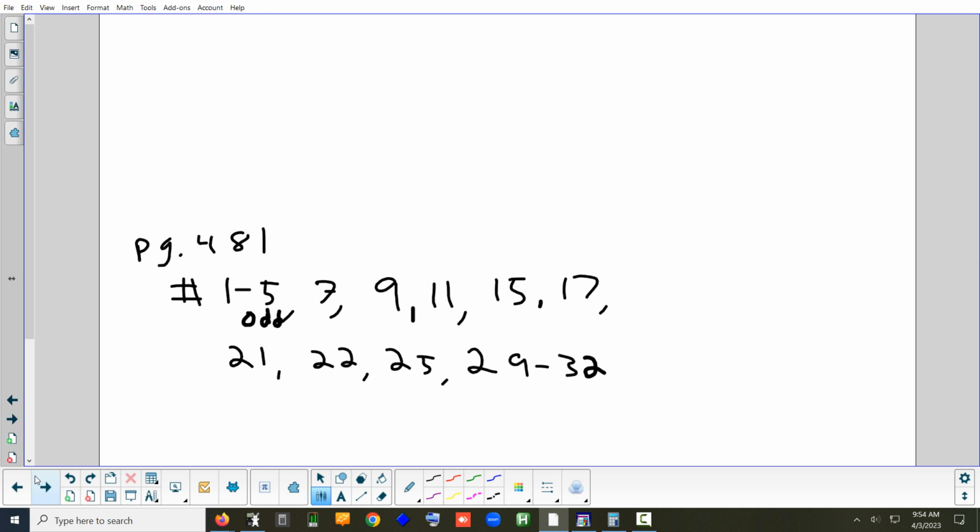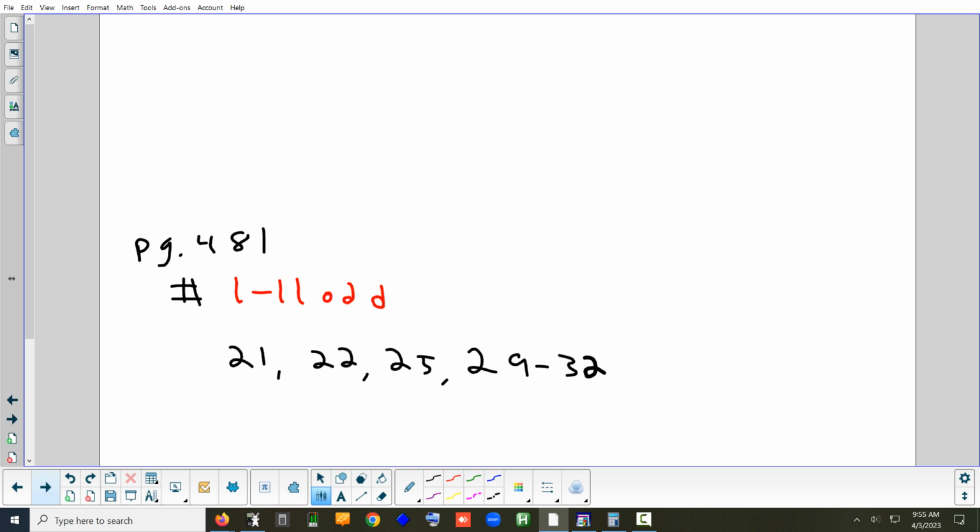Okay, let me just adjust this. I guess that's just 1 to 11 odd. We could just simplify it. Okay, any graphing that it says to do, you do not have to do anything by hand.